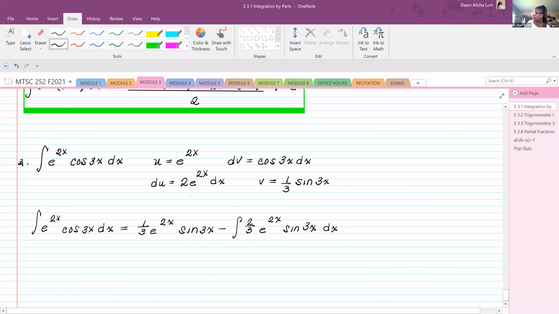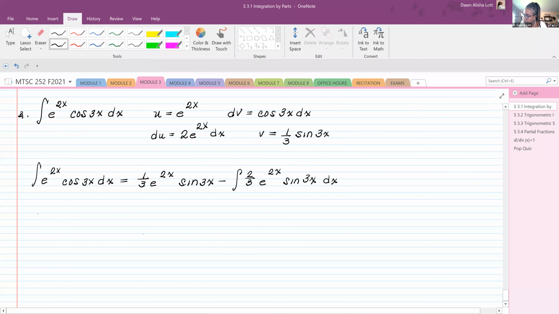Okay, v du. Okay. So now I get the integral of e to the 2x cosine 3x dx is 1/3 e to the 2x sine of 3x minus 2/3 the integral of e to the 2x sine of 3x dx.